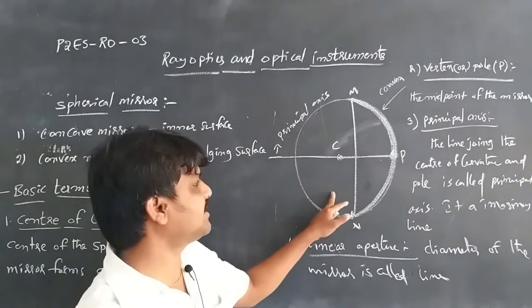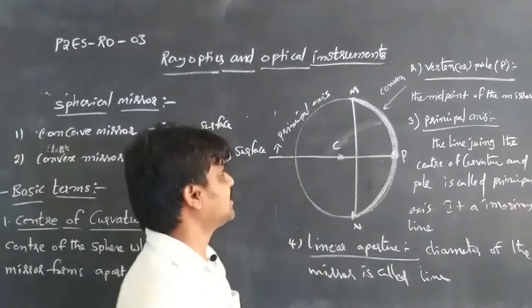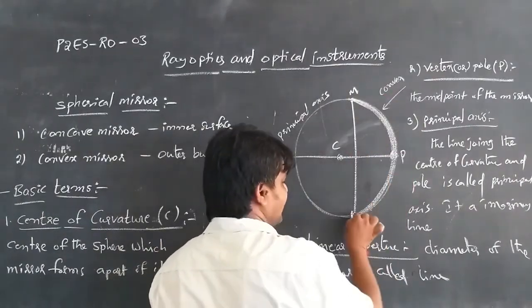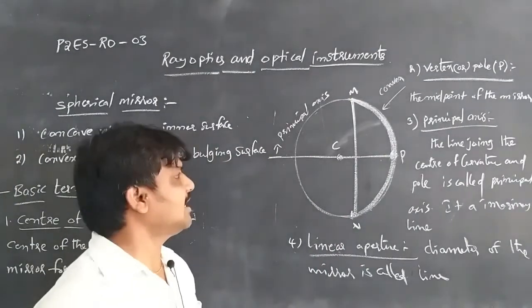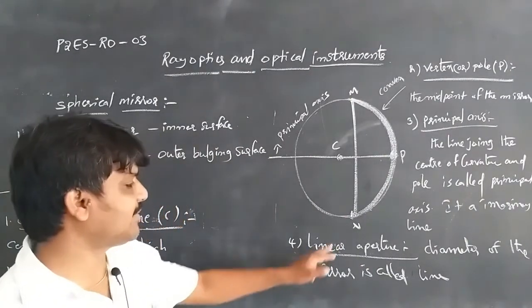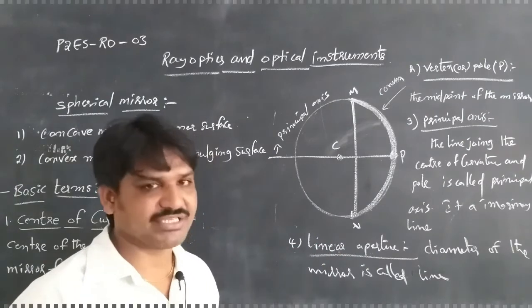The distance from M to N is called the linear aperture. The diameter of the mirror is called the linear aperture.